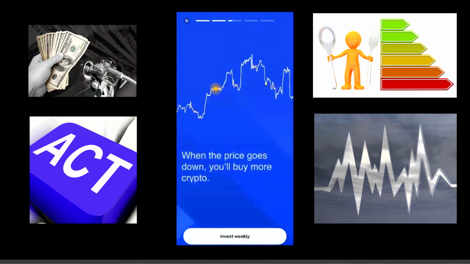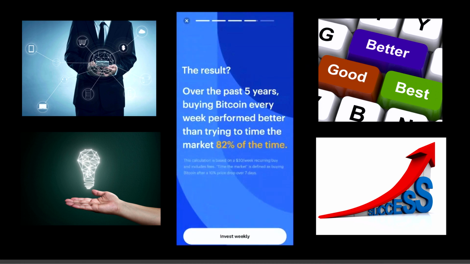As we see here on this chart, you're going to get some lower prices, some higher prices, but it'll all even out. And a fun fact, over the past 5 years, buying Bitcoin every week performed better than trying to time the market 82% of the time, according to Coinbase.